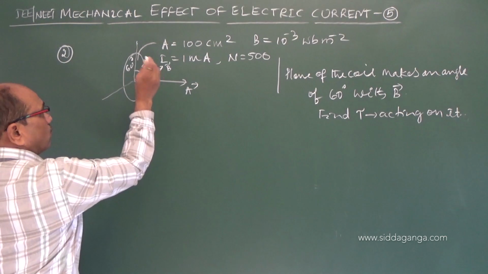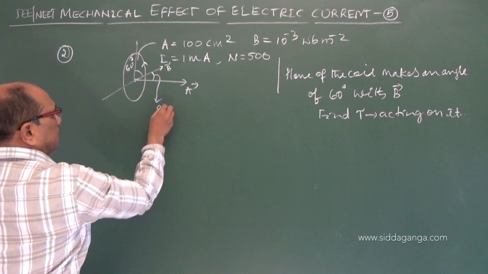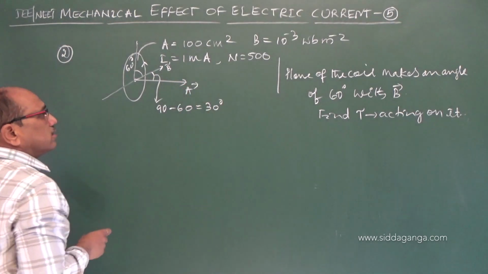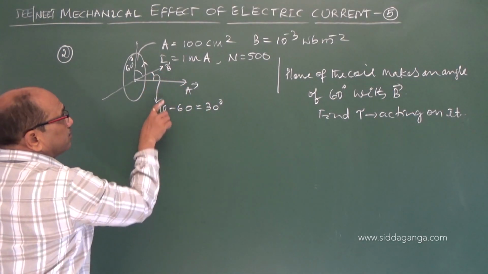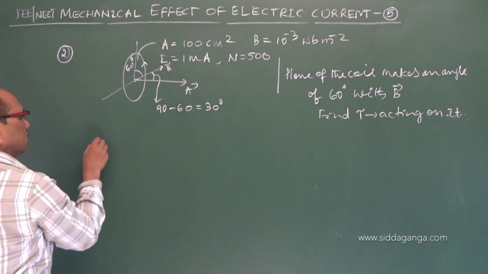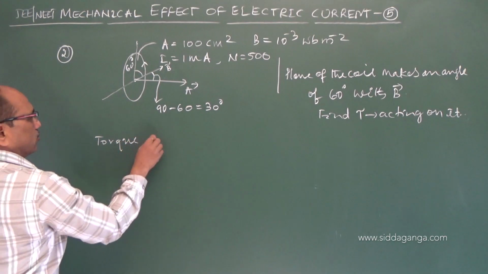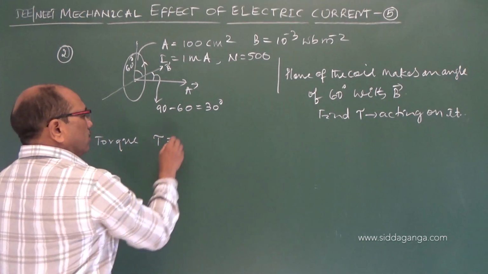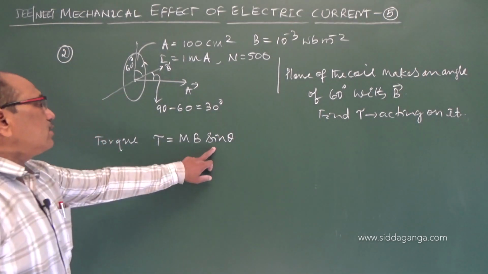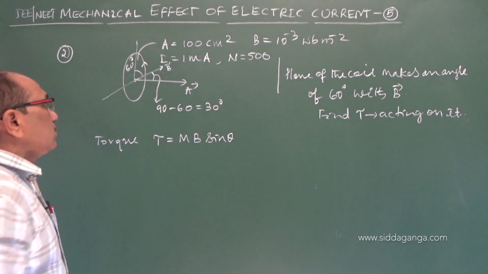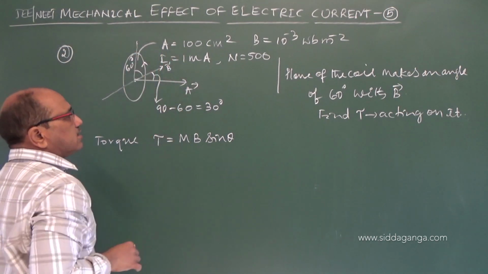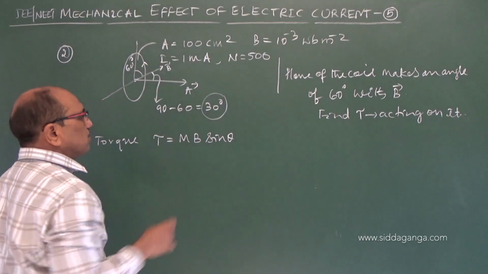Therefore, what you require is 90 minus 60 equal to 30 degree, because theta is between B and A, not with the plane of the coil, since we are using the equation torque equal to MB sin theta. If you are using cos theta, you can use 60. I consider this in this problem.